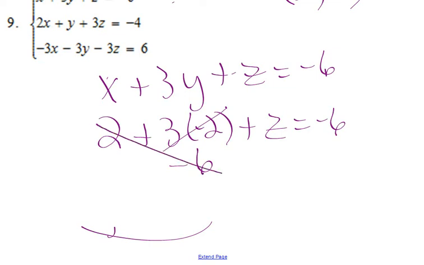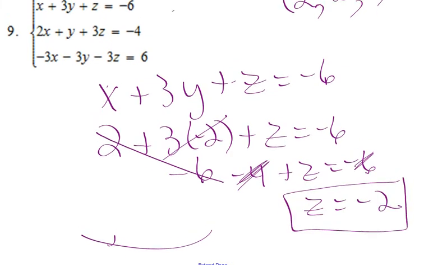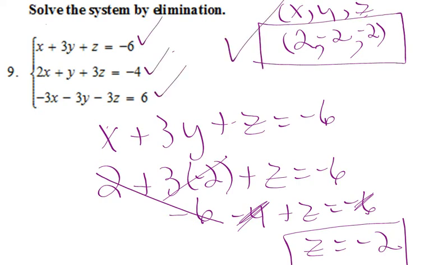Negative 6 plus 2 is a negative 4. So I have negative 4 plus z equals negative 6. Now add 4 to each side, and I get z equals negative 2. So now I've got my last variable of negative 2. So number 9, the answer is 2, negative 2, negative 2. And when you plug each one of those back in for x, y, and z, all equations become true.